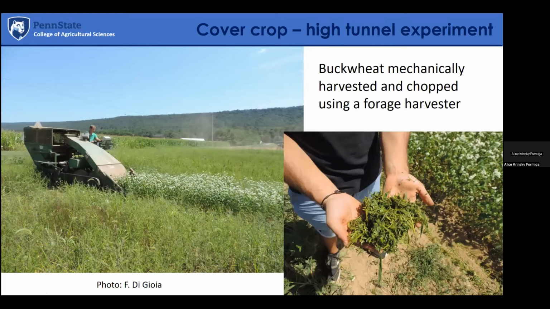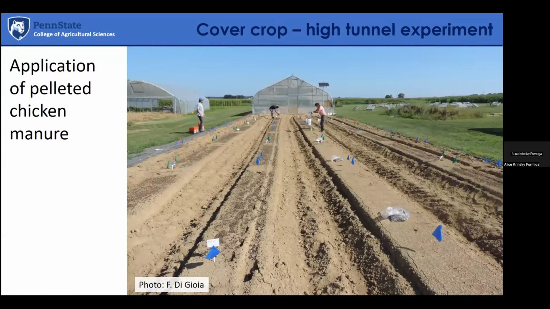So this is the way the buckwheat was harvested at this point, and we had extra strips of buckwheat that we seeded to have enough material. And this is how it went through after the forage harvester. This was the outcome, how the material came out. And these are the plots that we used to do the study.